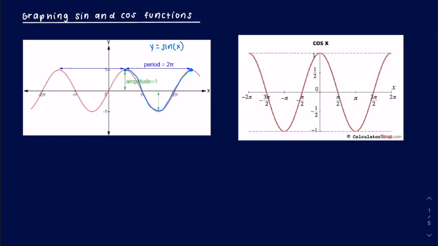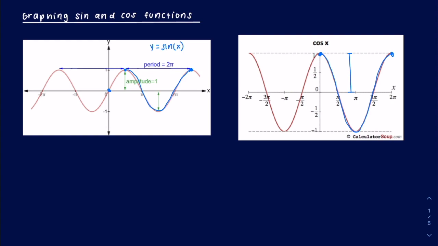A cosine function has all the same elements. It has an amplitude, it has a period. The only difference from the sine function is that it's basically shifted over one increment, which is why it starts at 0, 1 and not 0, 0. So that's basically sine and cosine functions.